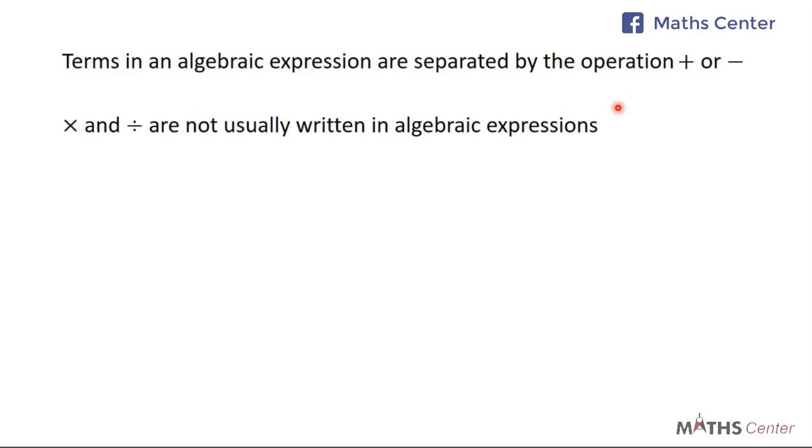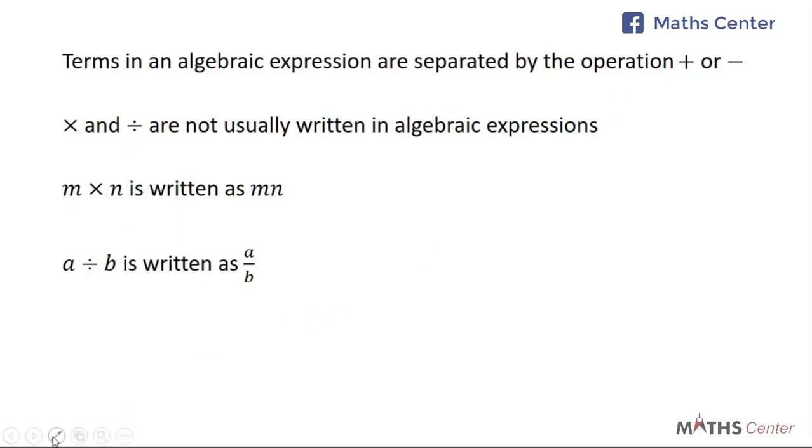In algebraic expressions, multiplication and division are usually not written. If you have m times n, it's written as mn. If you have a divided by b, it's written as a over b.